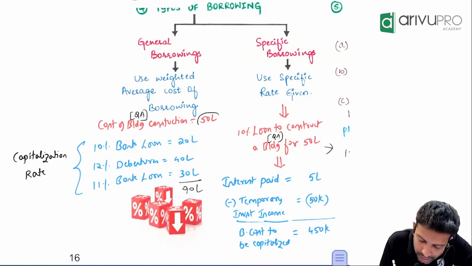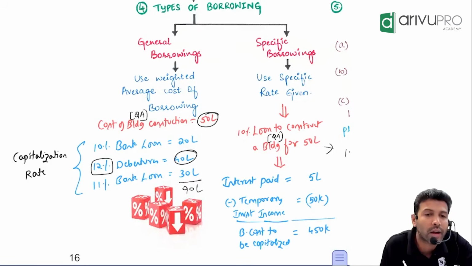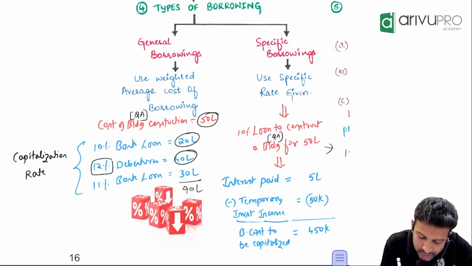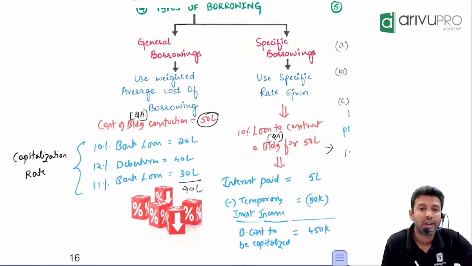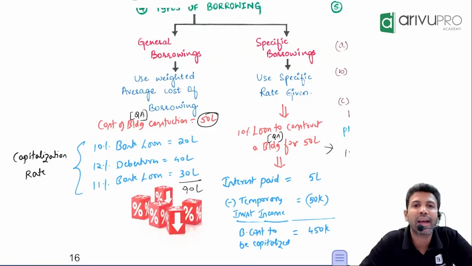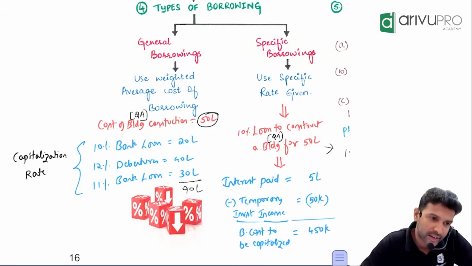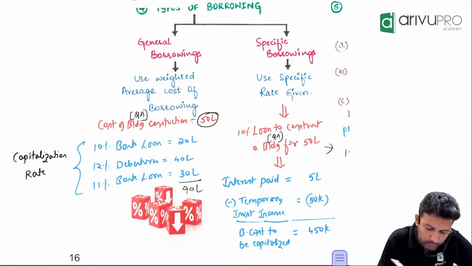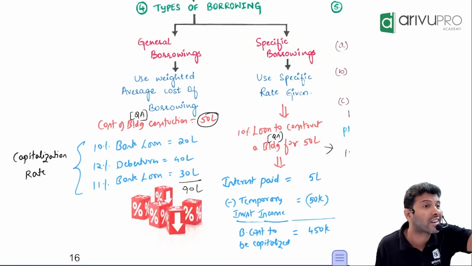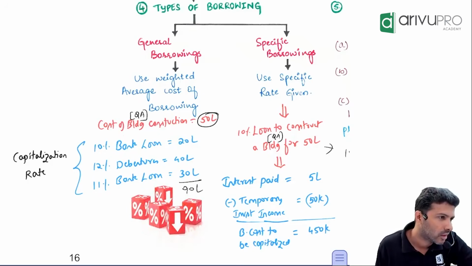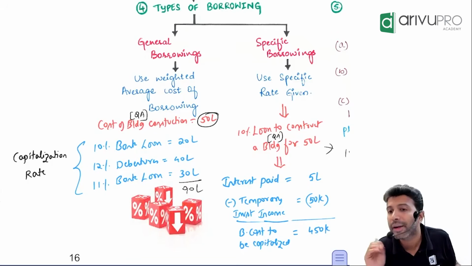If 40 lakh comes from this loan, the rate is 12%. If it comes from this loan, the rate is 10. If from this, the rate is 11. Based on the rate, you will calculate interest. But you don't know which loan the money came from. So how will you find the exact interest amount? If you don't know the interest amount, how will you capitalize?